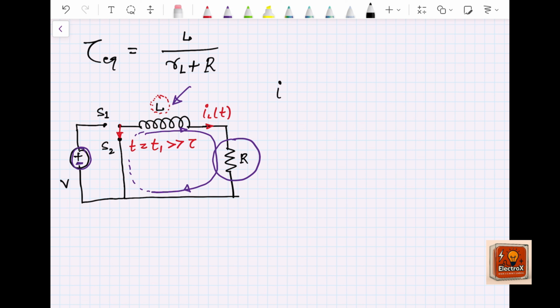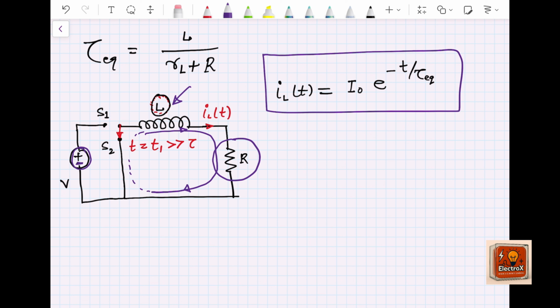We can write I_L(t) is equal to I naught, the initial current of this inductor L, times e to the power minus t by tau, or rather tau equivalent. So this is the current expression.